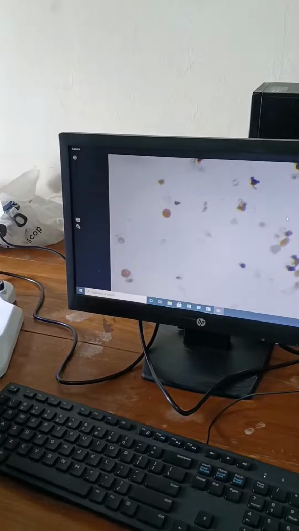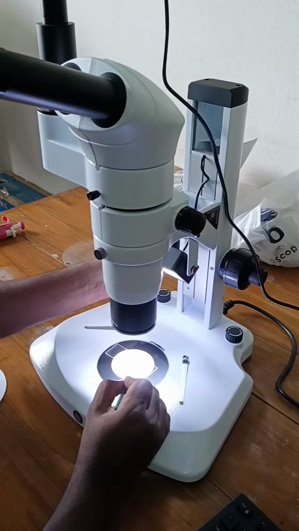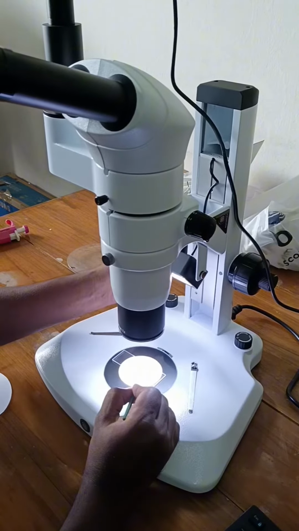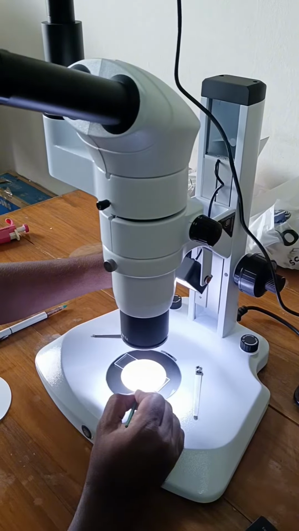So as you see on the computer screen, these are the spore of arbuscular mycorrhizal fungi. So these are visible on the wash glass. Now we are preparing a slide.